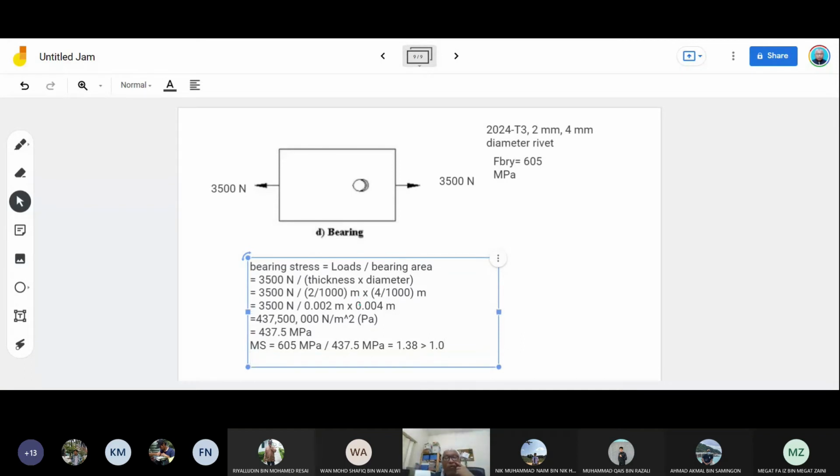So there is no issue of bearing failure. First, you can see here the bearing stress is only 437, while the material bearing strength is 605. Obviously it has not reached that, so it won't fail. And evaluating the margin of safety, you can see it is more than 1, so there is no potential failure of bearing. Any questions?